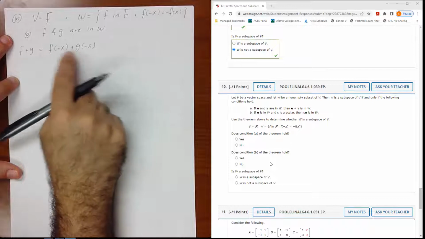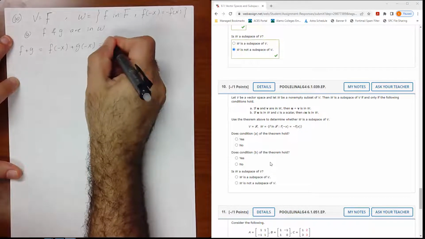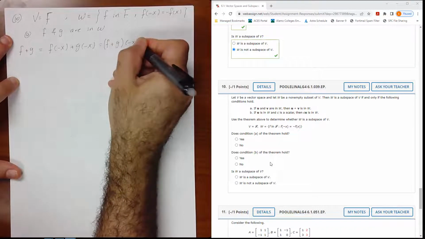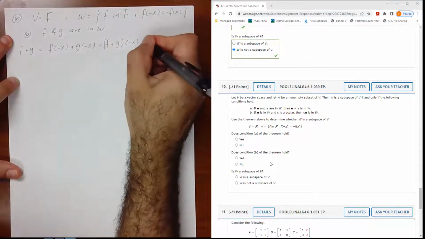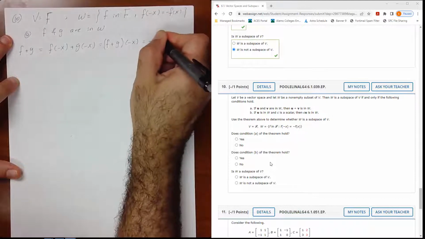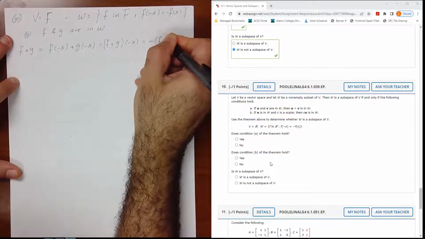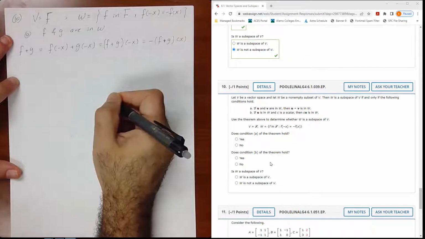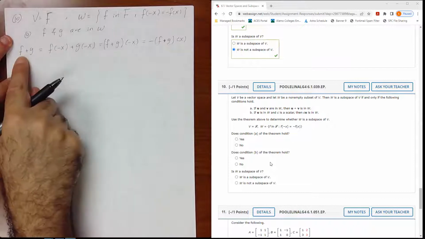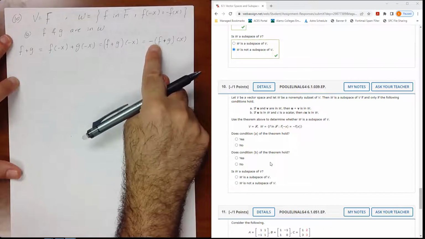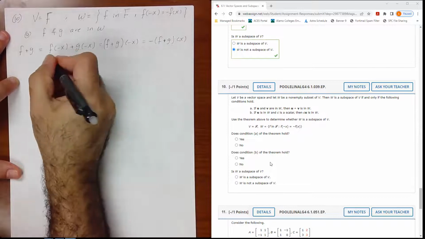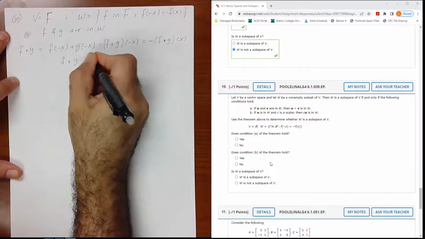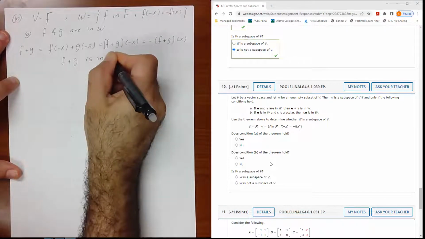So this is the addition of two functions, so it's going to be f plus g of negative x. That means this one is going to be equal to negative f plus g of x. So f plus g is in W.